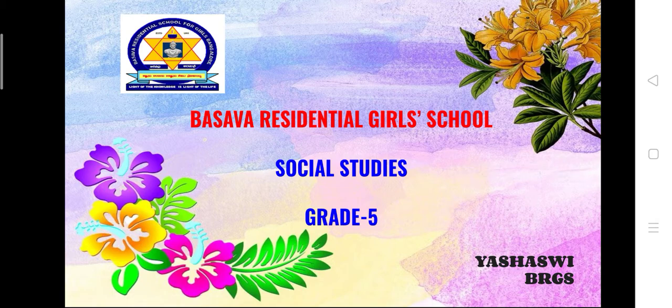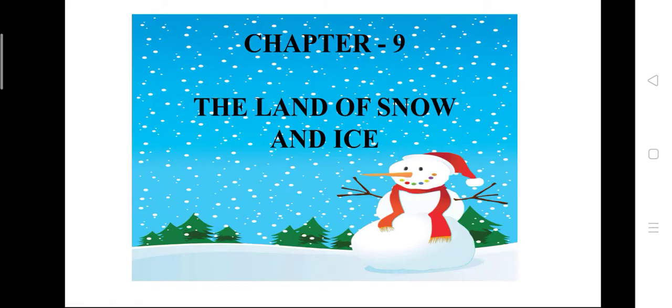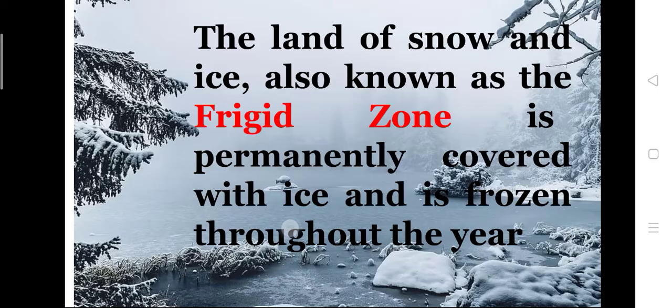Students, in today's class, we shall be starting chapter number 9, and the name of the chapter is The Land of Snow and Ice. The land of snow and ice is also known as the frigid zone.